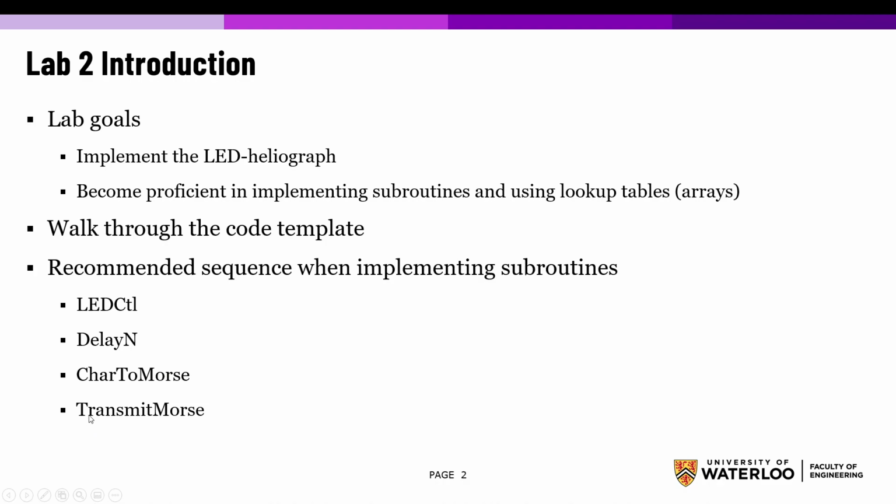And then finally, the most challenging one is to process the Morse code that you read from the Morse LUT and convert that into the sequence of dots and spaces that make this Morse code.